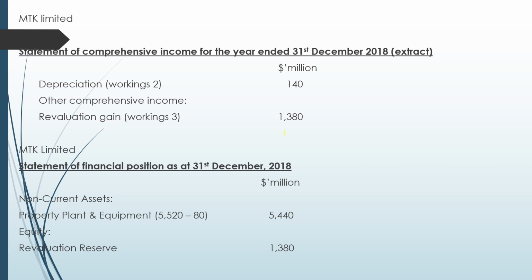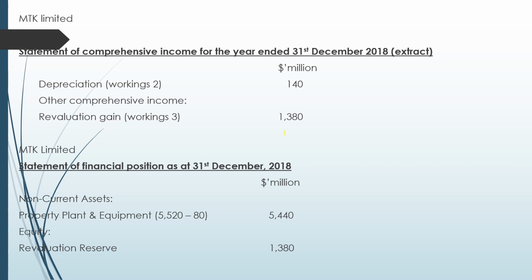MTK Limited, the statement of financial position as at 31st December 2018. If you can recall from our earlier submission, we said that for subsequent measurement, when we decide to employ the revaluation model, the carrying amount will be the revalued amount less any subsequent depreciation or impairment losses.